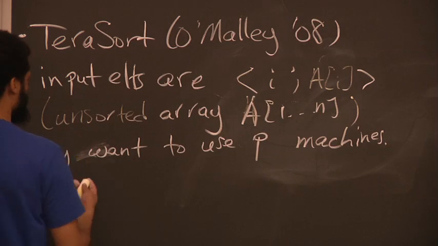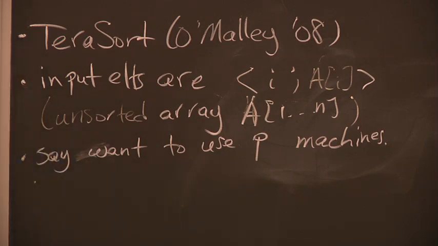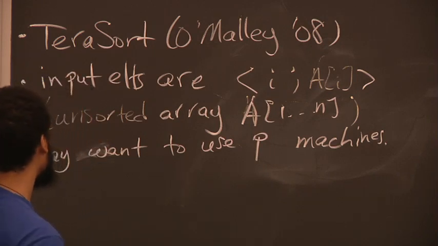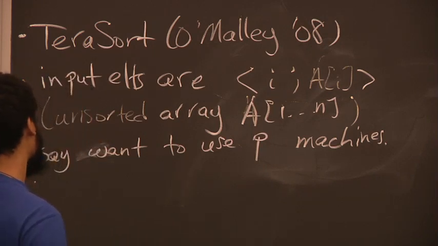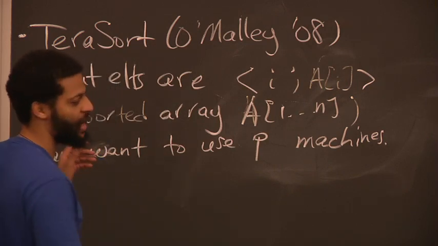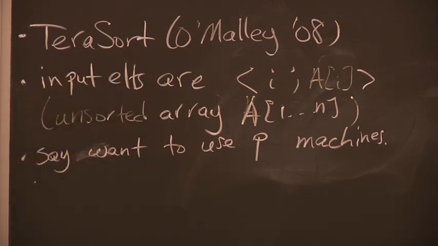The issue is we don't know who the smallest n over P elements are, who the next n over P elements are, etc. So the way we're going to get around that is by figuring that out approximately, and we're going to do a 2-round algorithm.